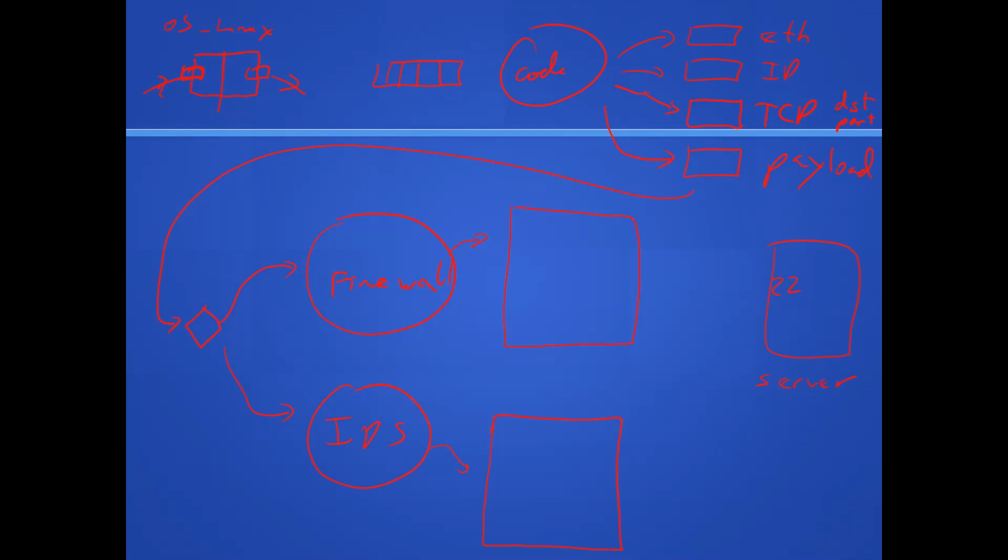So you have the packet, and the payload is encrypted. The firewall is as simple as: if the destination port in that header equals 22, then you might say that you don't want to allow any packets going to 22 to reach the objective.